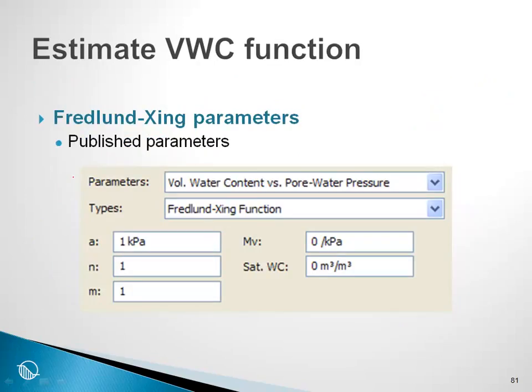Now, it is also possible to estimate the volumetric water content from parameters. These are published parameters, and as a result, with the Fredlund-Xing function, if you can define a, n, m, and the saturated water content, then you can estimate a function. And these parameters are often published, and you can get them from publications.